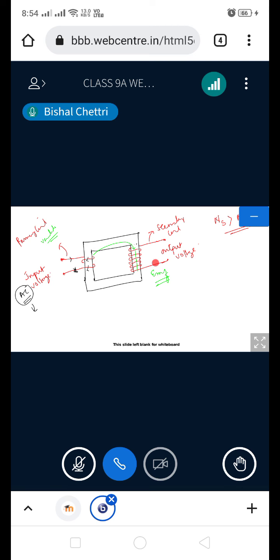Now, the EMF which is induced in this coil is getting induced over here with more number of turns as compared to the primary coil, or not? Yes, sir. So as the number of turns over here is more, induced EMF will be more.